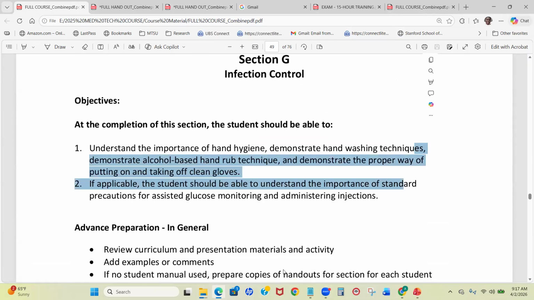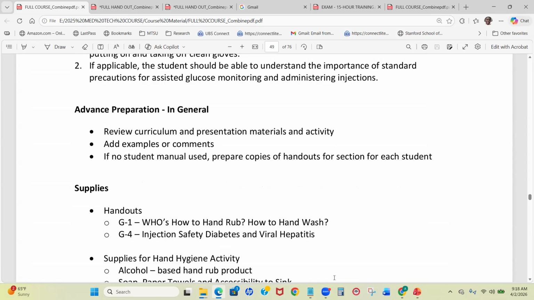After this section, every student here, we need you to understand the importance of hand hygiene. You should be able to demonstrate hand washing techniques, how to use the alcohol-based hand rub technique, the proper way of putting on those alcohol-based rubs, which we will do in the skill lab. You'll also understand what standard precautions means and what it means when you are monitoring glucose and giving injections, which is the insulin.